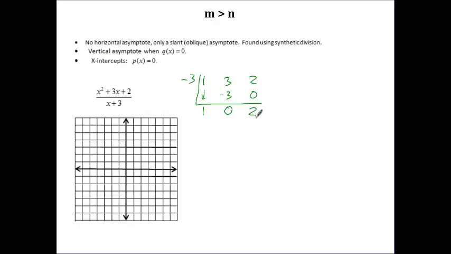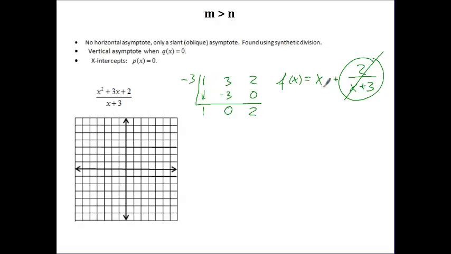That means that we have a function f of x is equal to x plus no number, but plus the remainder of 2 over x plus 3. That remainder we don't need, we don't care about, because at really large x's it will become very, very small.